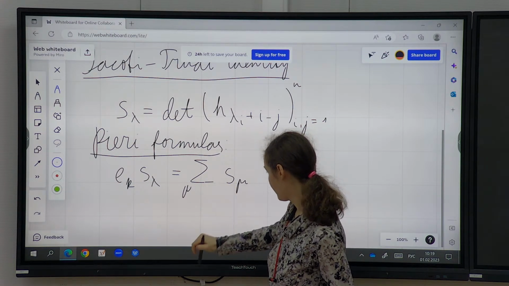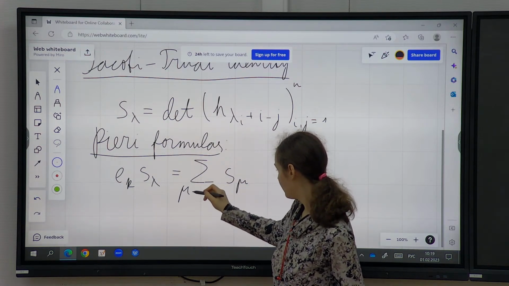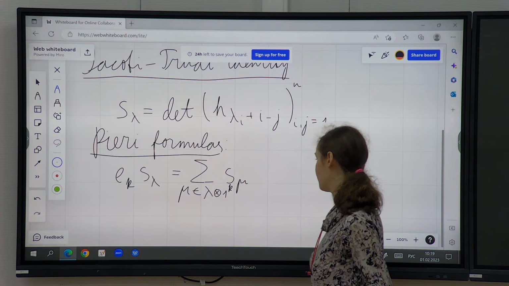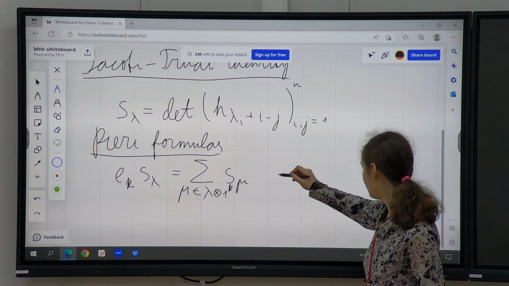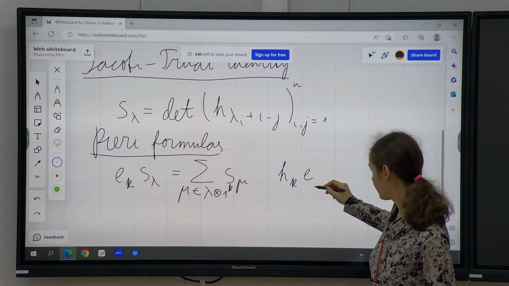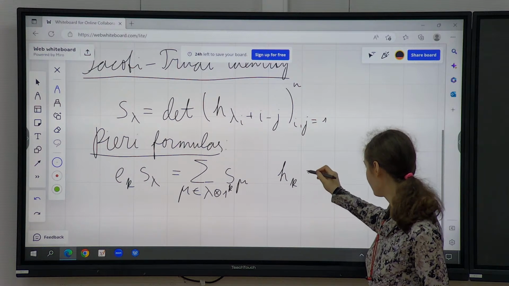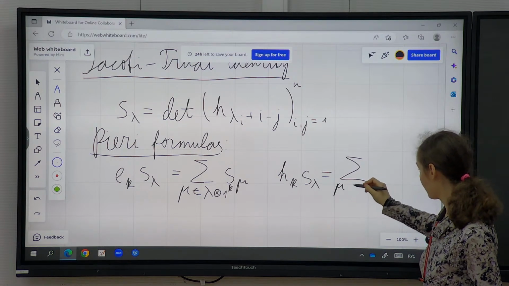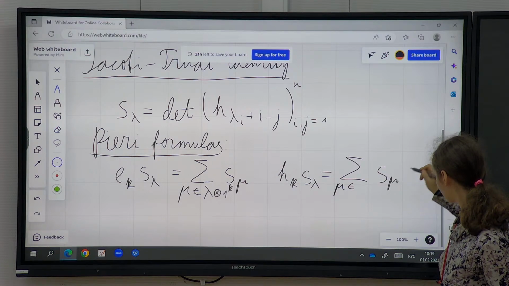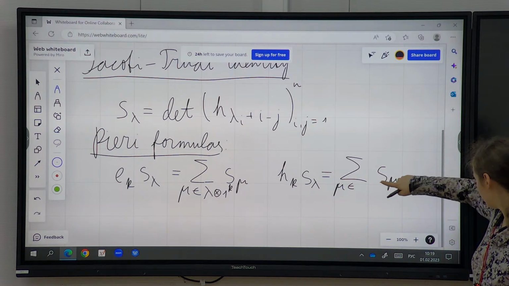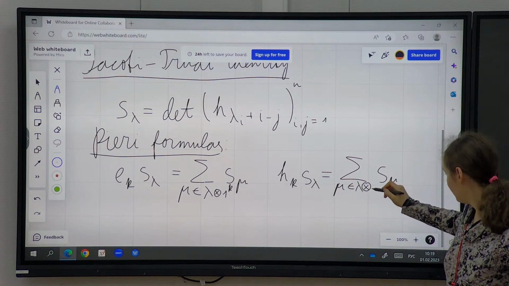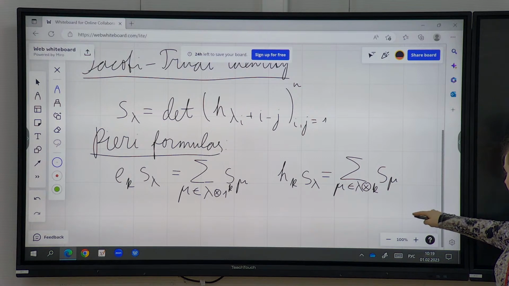So here partition mu is obtained from partition lambda by adding k boxes to different rows, and if I multiply this s lambda by h k, these partitions that index Schur polynomials can be obtained from lambda by adding k boxes to different columns. Okay.